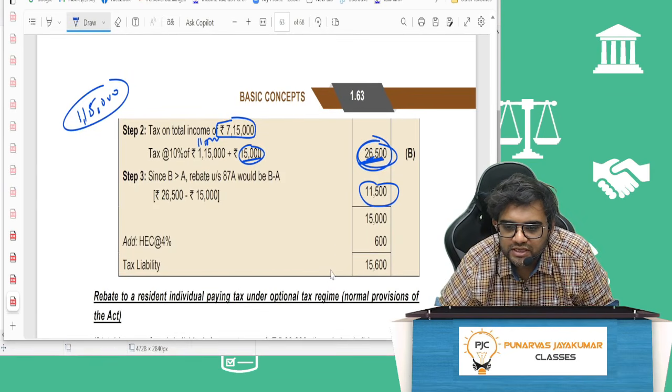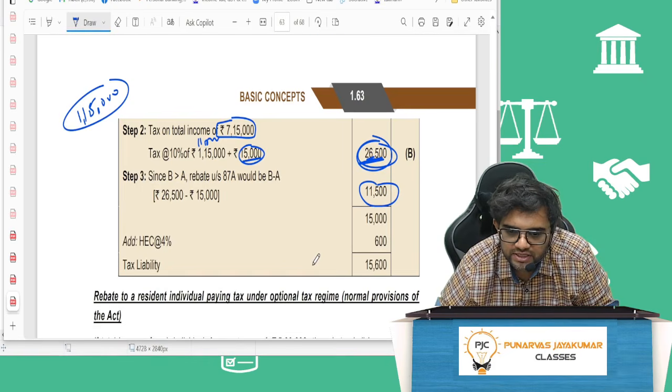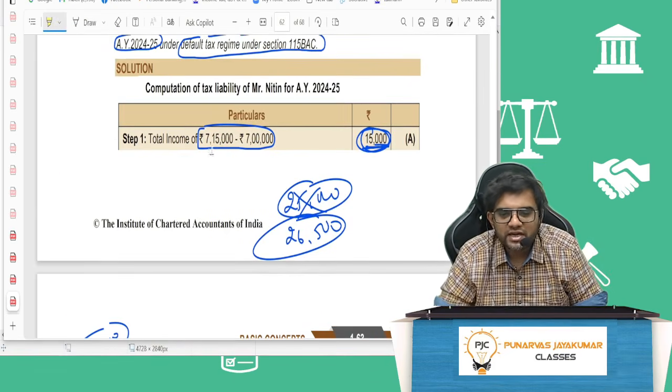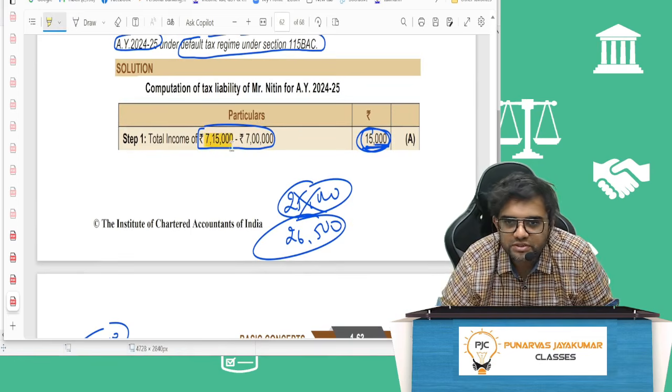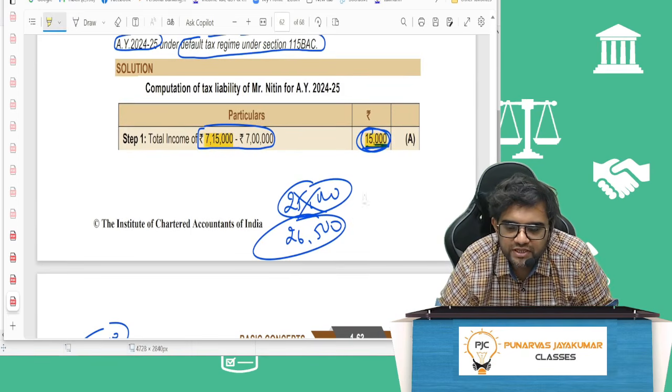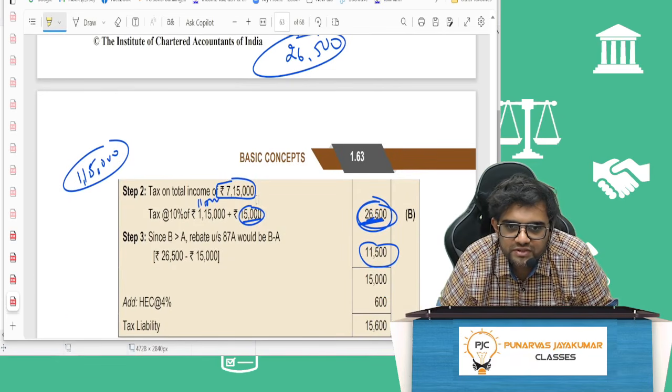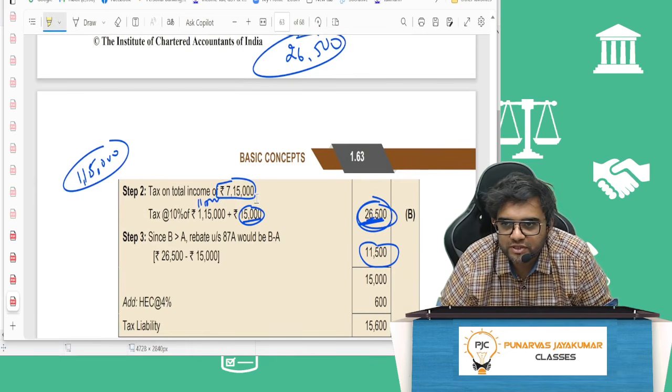So basically I'll get a rebate of 11,500, which means they are telling at least pay that extra 15,000 beyond 7 lakh. Please pay 15,000 as tax. If I had not given you this discount, you would have had to pay 26,500. There will be no rebate concept. Now don't come and ask for 25,000, don't be greedy.